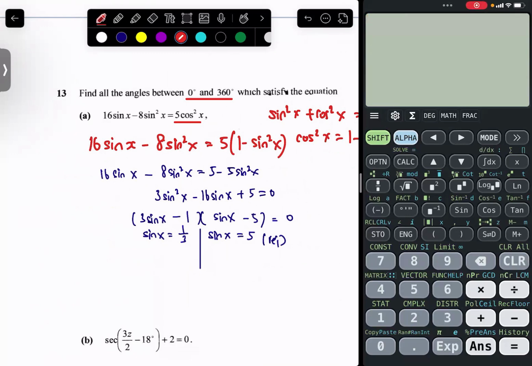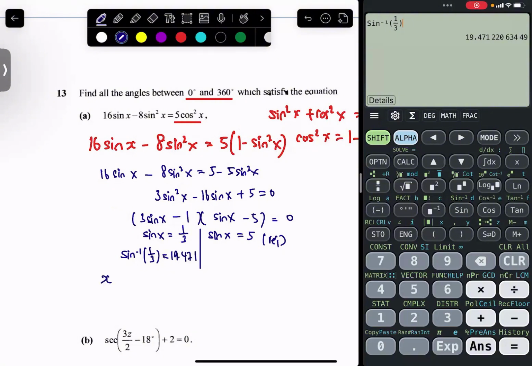The basic angle is sine inverse 1/3, and since this is degree mode, it is 19.471.